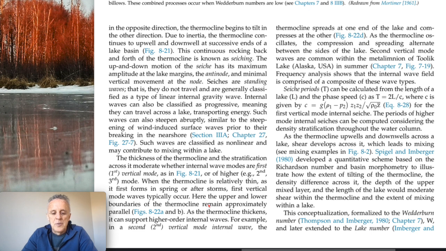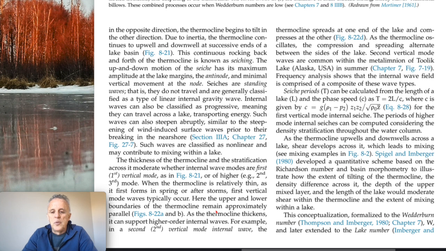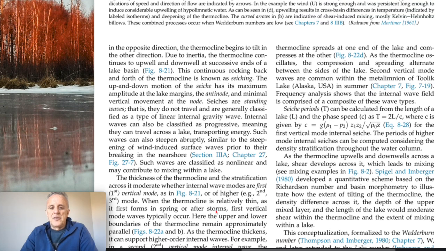When the thermocline is relatively thin, as when it first forms in spring or after storms, first vertical mode waves typically occur. Here, the upper and lower boundaries of the thermocline remain approximately parallel. As the thermocline thickens, it can support higher order internal waves. For example, in the second vertical mode internal wave, the thermocline spreads at one end of the lake and compresses at the other.